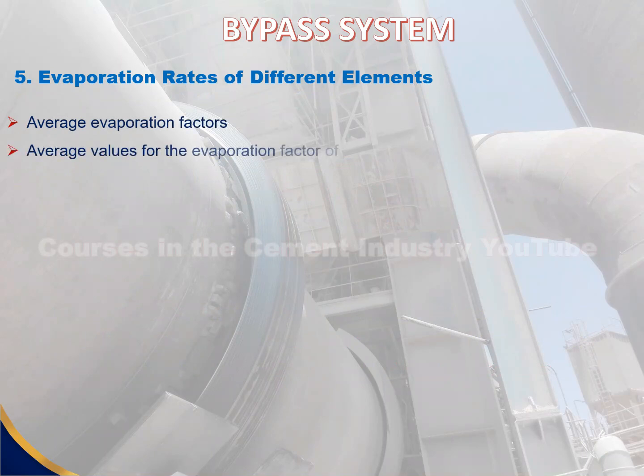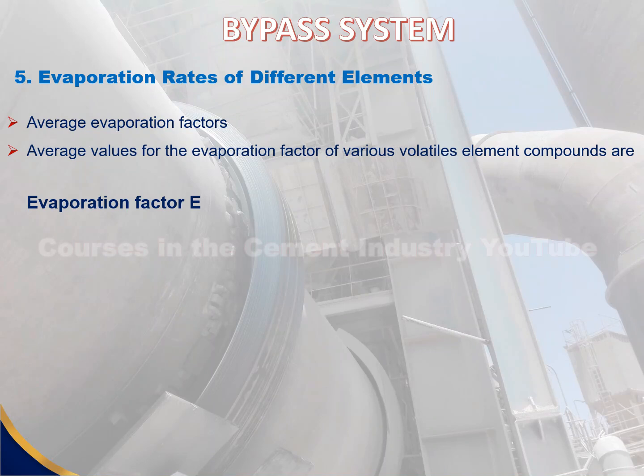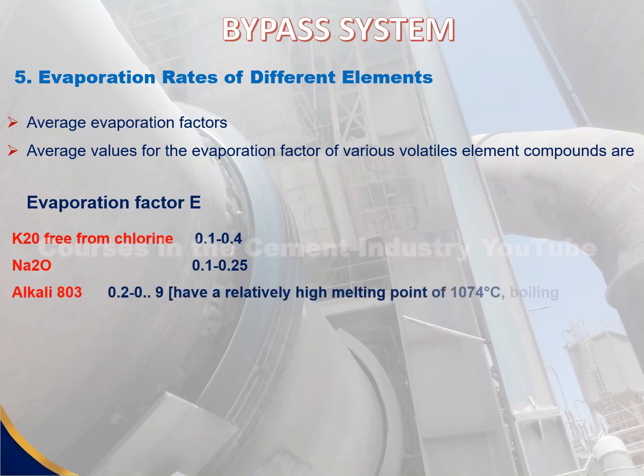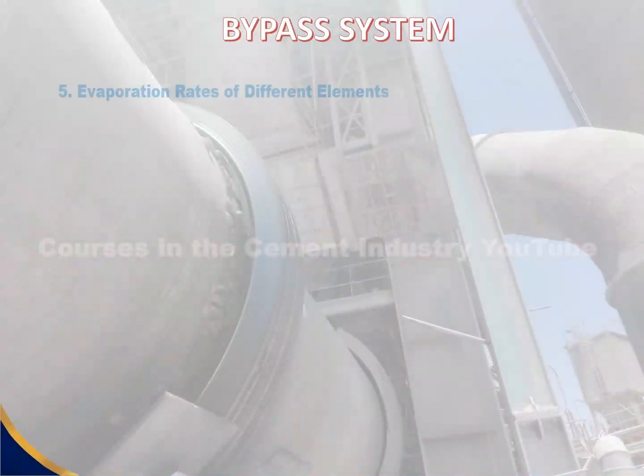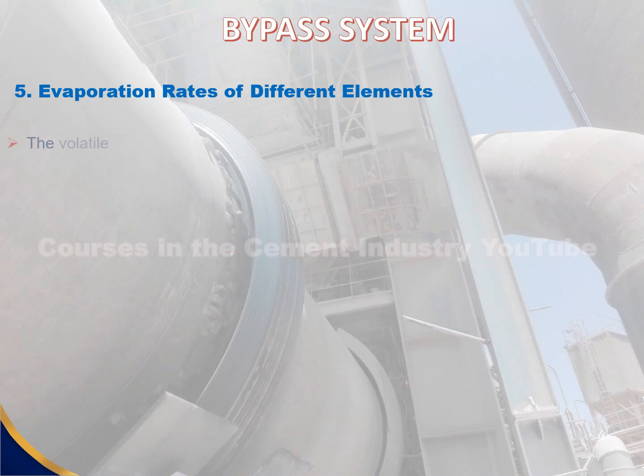Average values for the evaporation factor of various volatile element compounds are: evaporation factor E. The volatile matters escape through the preheater dust, preheater valve.